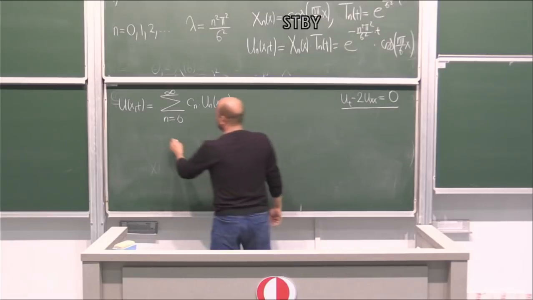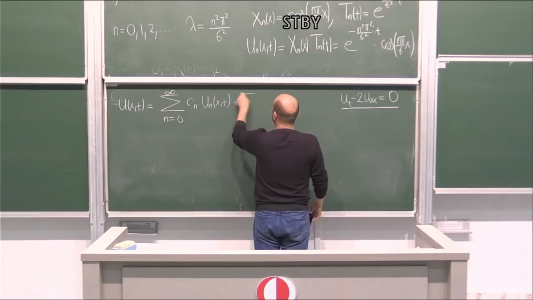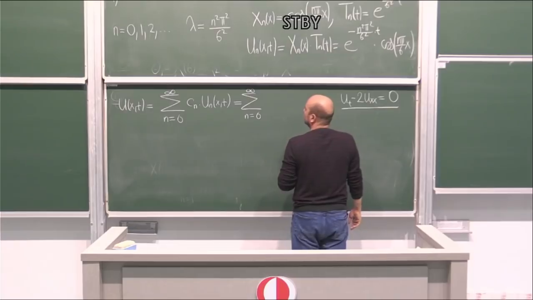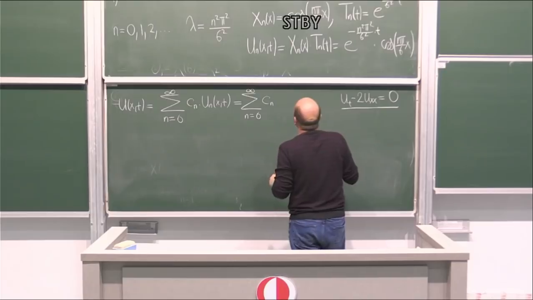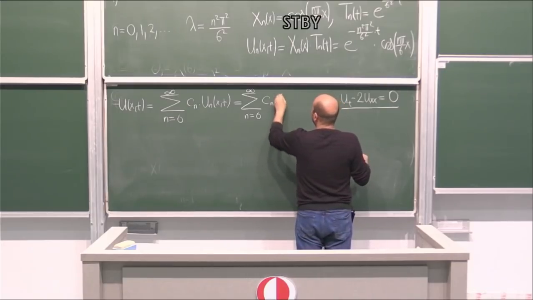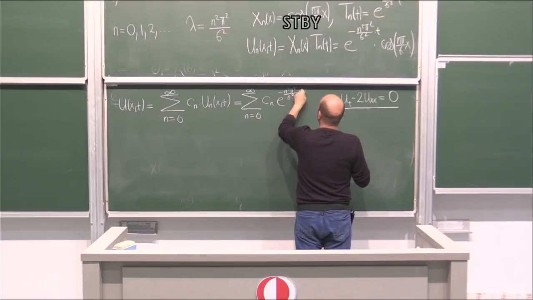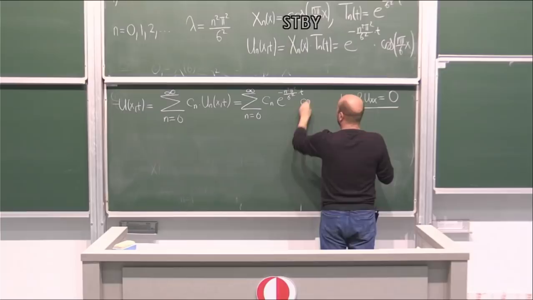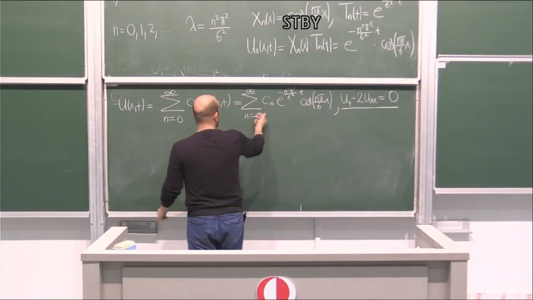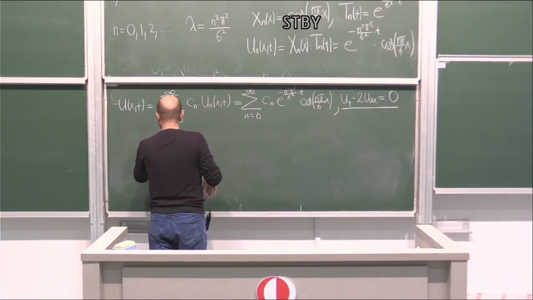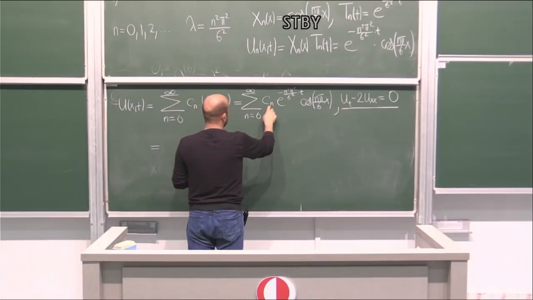So we have the sum for n from 0 to infinity of c_n e to the minus n square pi square over 6 square t, and cosine n pi over 6 x. Okay. But now, if you want, you can separate the n equal to 0 case. When n is equal to 0, we have c_0.